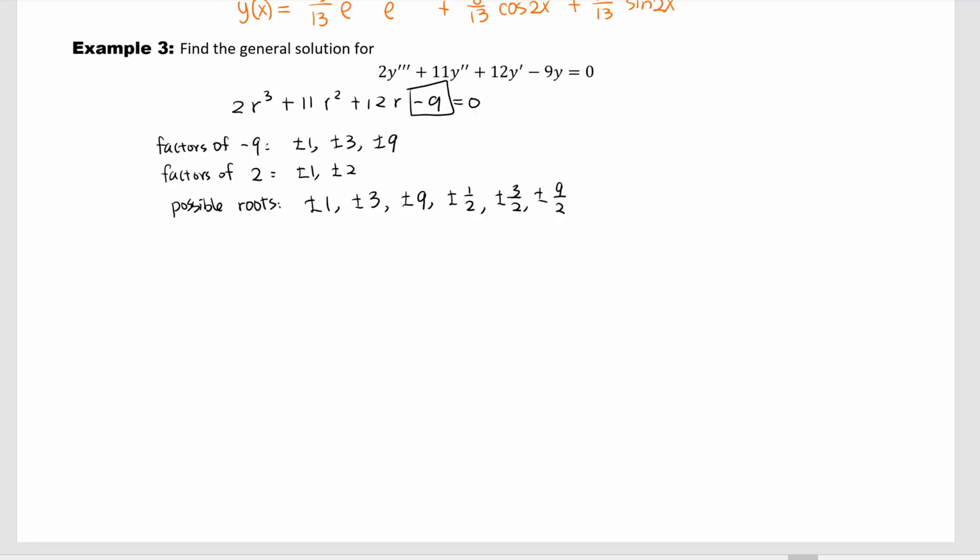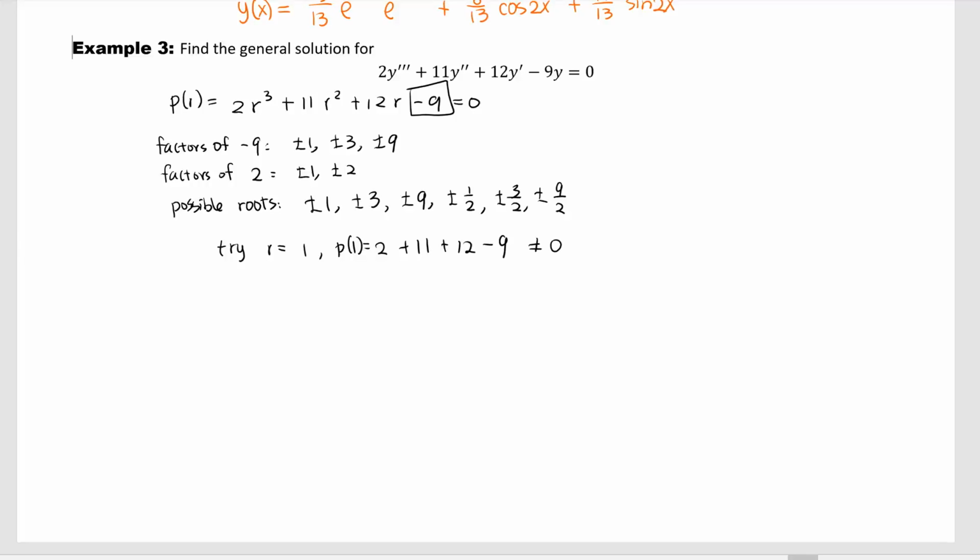This is degree 3, so we only need to find one root. Then we can use long division to find the remaining quadratic factor. Let's plug in 1. This is my P of r. P of 1 is 2 plus 11 plus 12 minus 9.